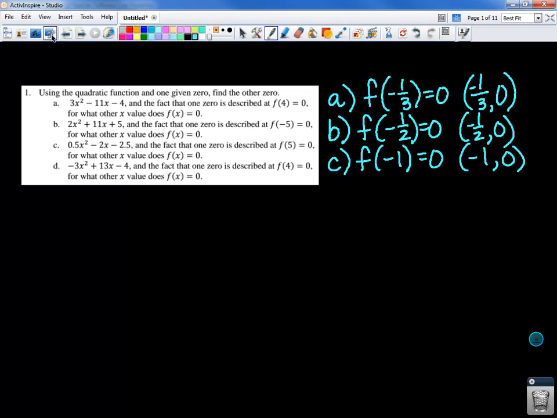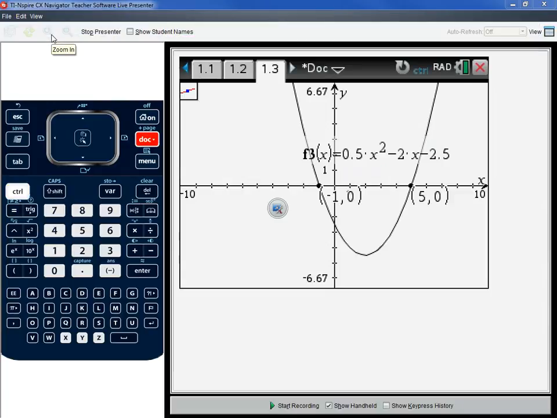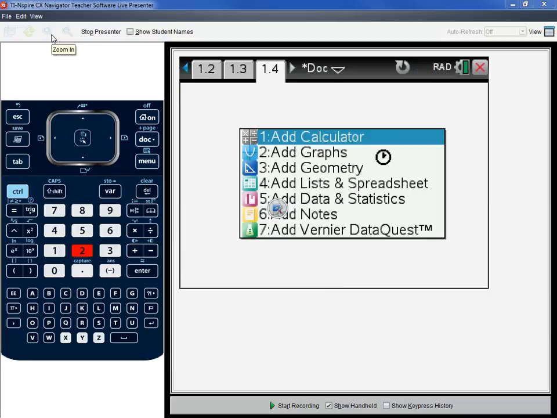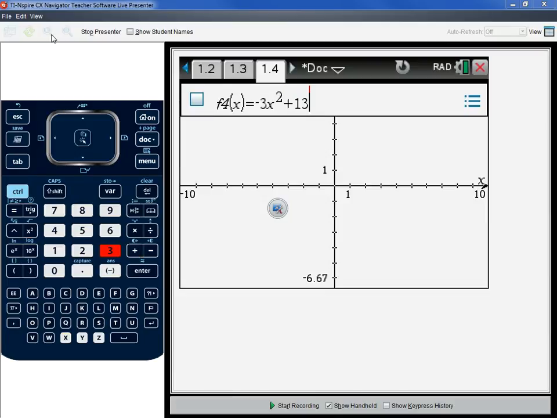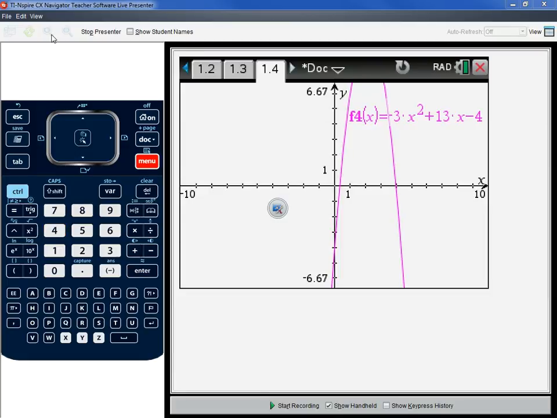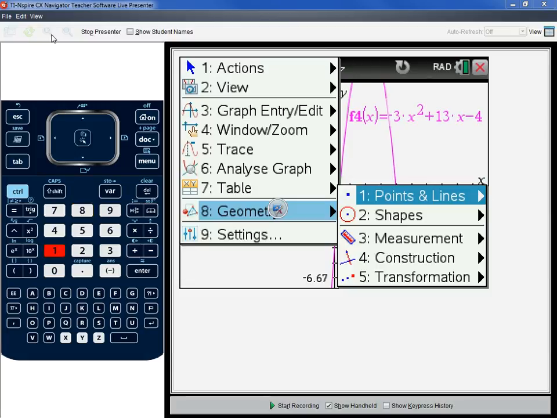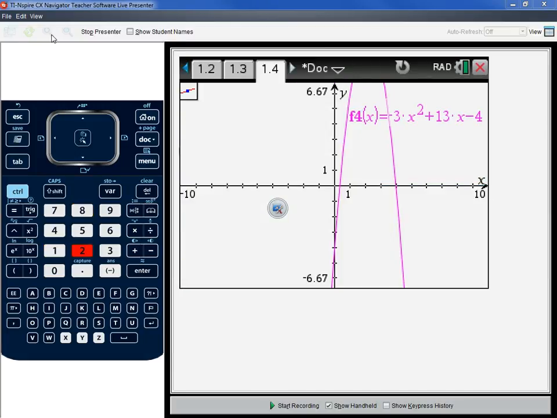And for the last one, I'm going to add another page, add another graph, type in the given equation of negative 3x squared plus 13x minus 4. I'm going to hit enter. And then I'm going to go to Menu, Geometry, Points and Lines, Point On.